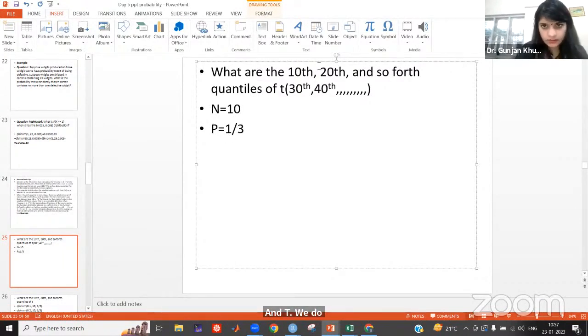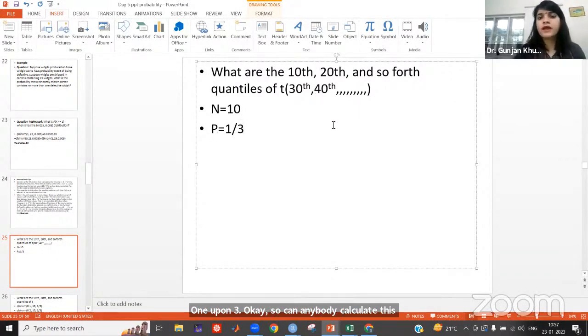Can anybody calculate this? You have to calculate the 10th quantile, then the 20th, then the 30th, 40th together. Can you do that?